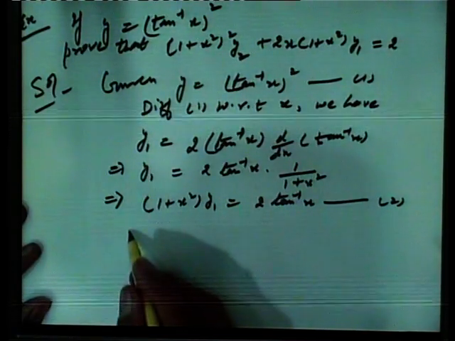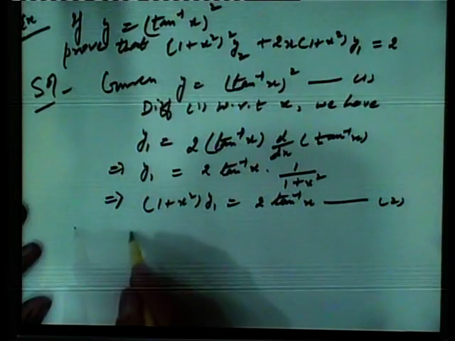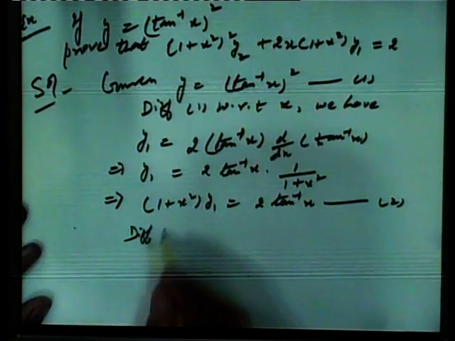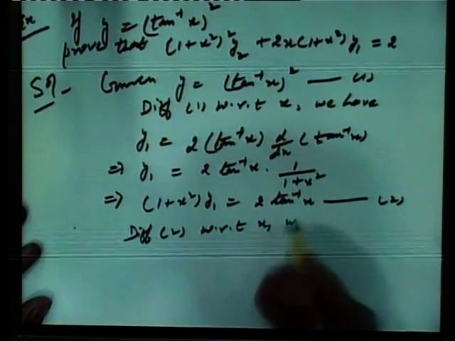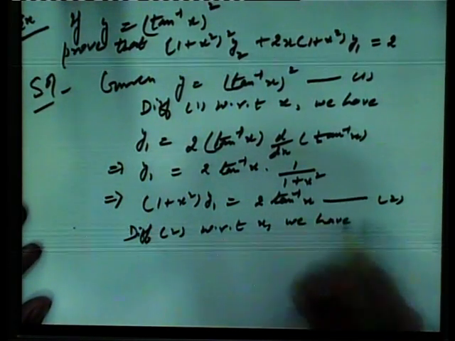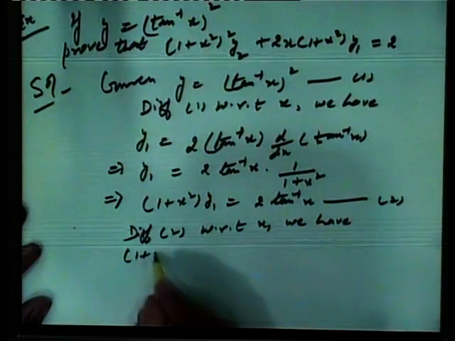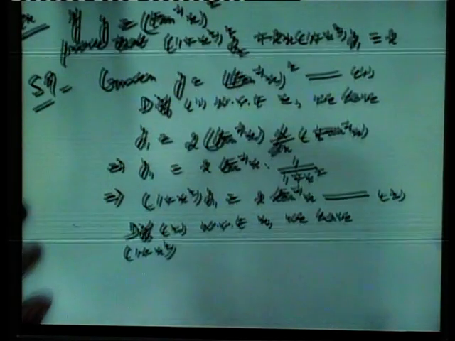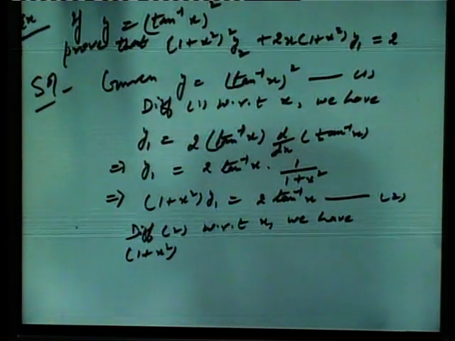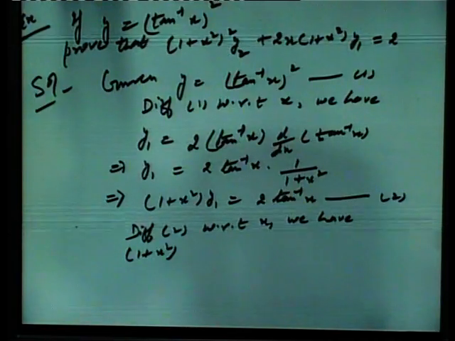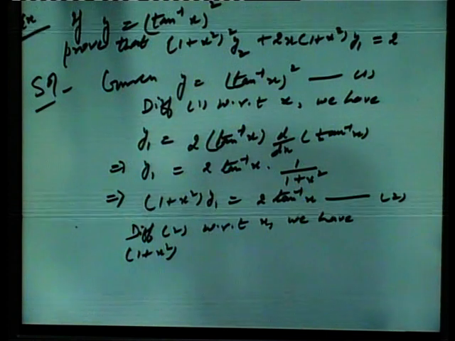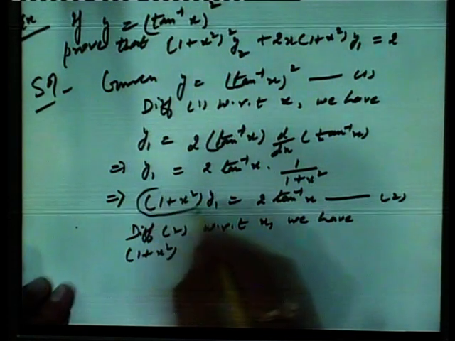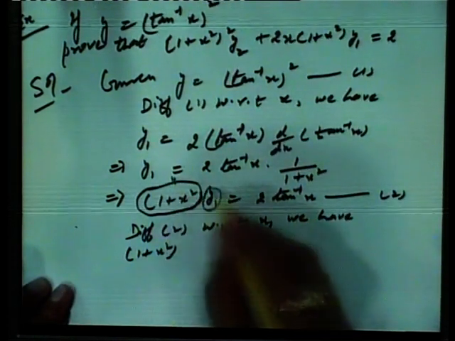Now, differentiate 2 again. To find y2 we have to differentiate with respect to x. So on the left hand side you again have a product of 2 functions, so we can apply the formula of u into v. Here u is this and v is this.